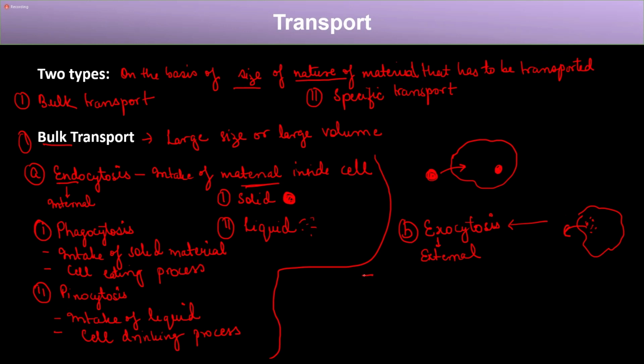So exocytosis means secreting or excreting material out of the cell, and this is also called the cell vomiting process.